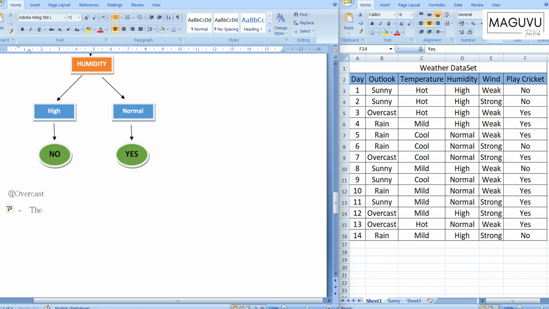We are saying the entropy for the whole data set when overcast, so the entropy of overcast on the whole data set is equal to 0. We cannot split it.